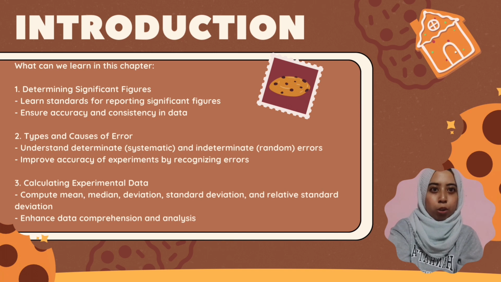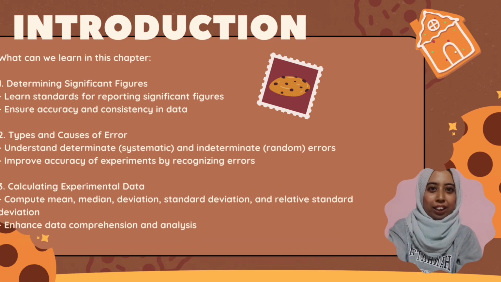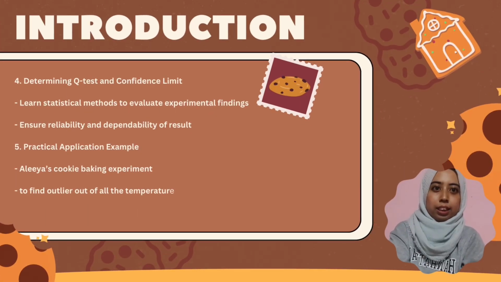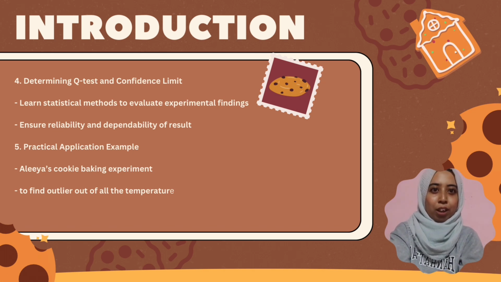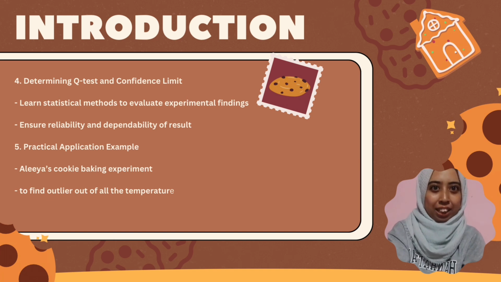This involves computing the mean, median, deviation, standard deviation, and relative standard deviation. This calculation helps us better comprehend and analyze our data. Finally, we will discuss how to determine the Q-test and confidence limit. These statistical methods are vital for evaluating our experimental findings and assuring their dependability.